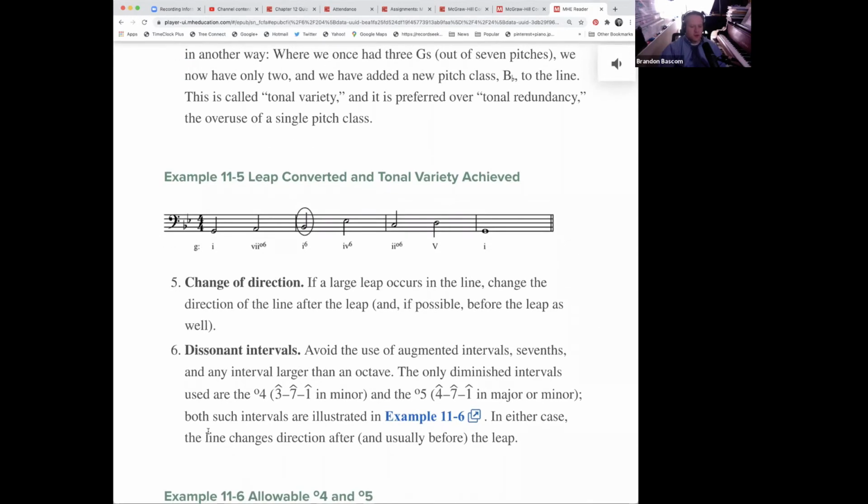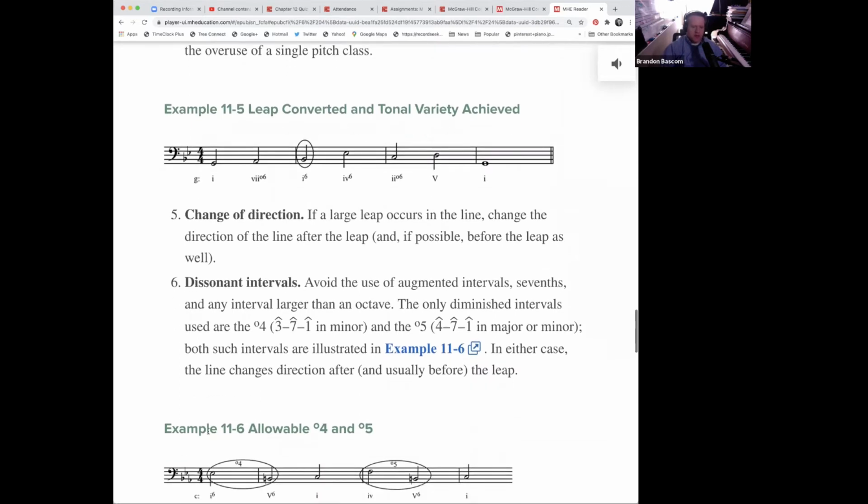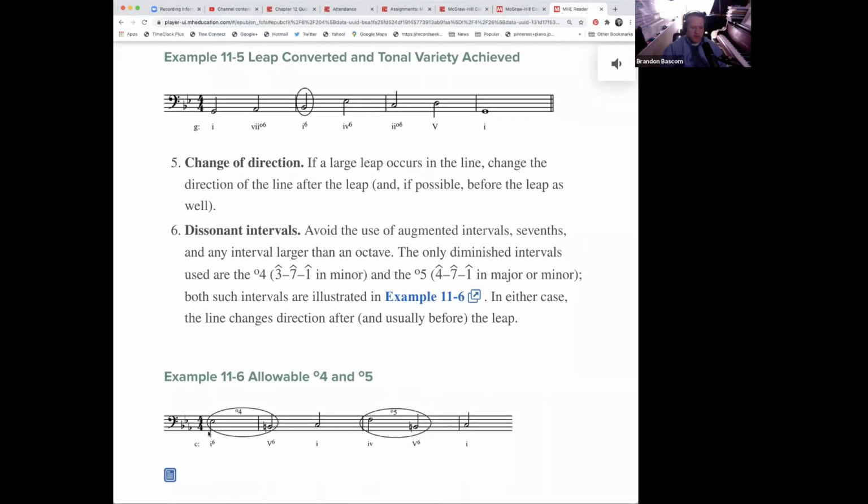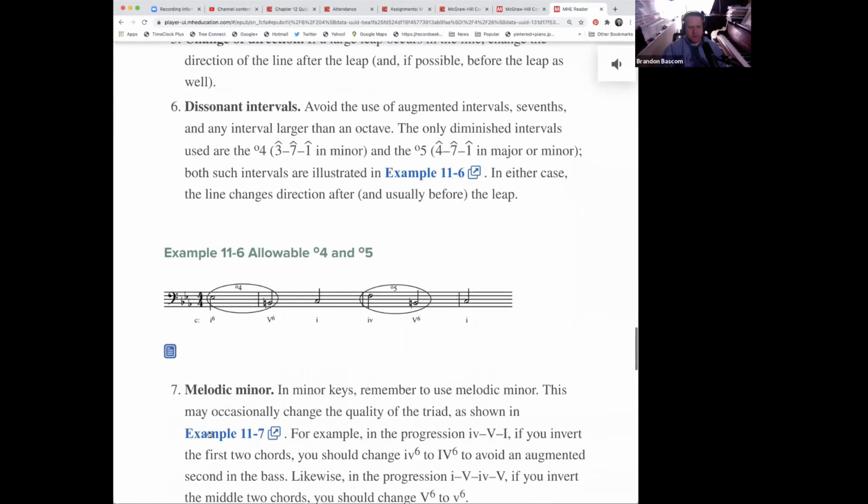We want to avoid dissonant intervals. The only ones that are allowed are the augmented fourth and the diminished fifth. And we needed to change direction because of that leap.